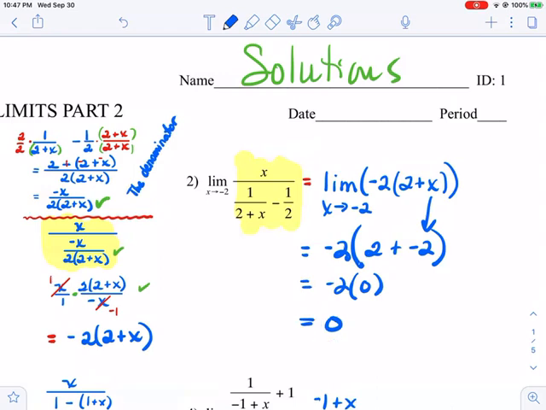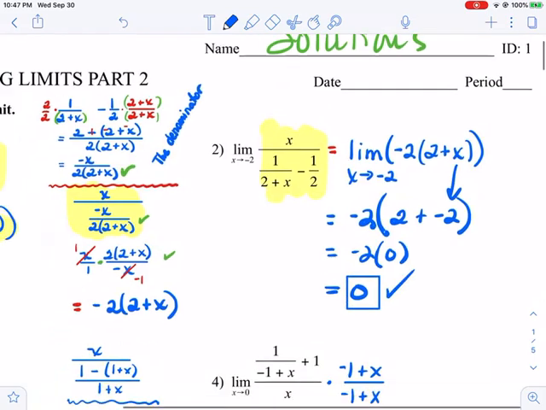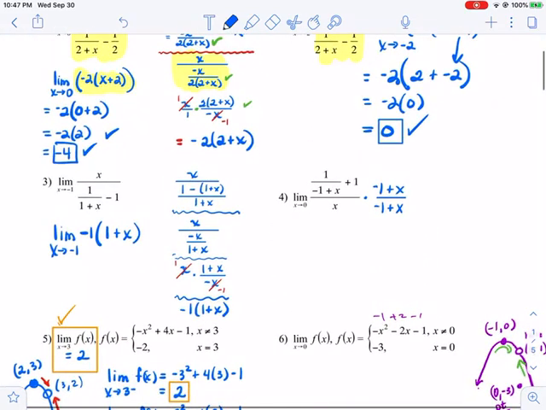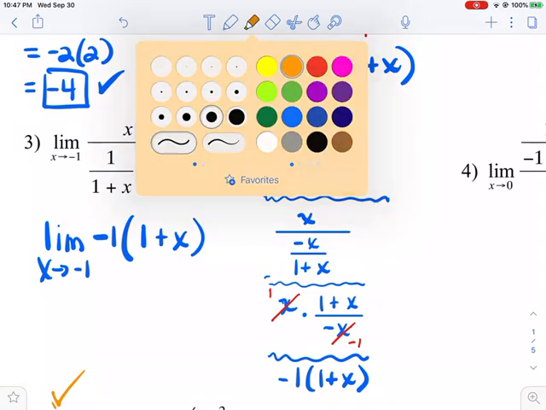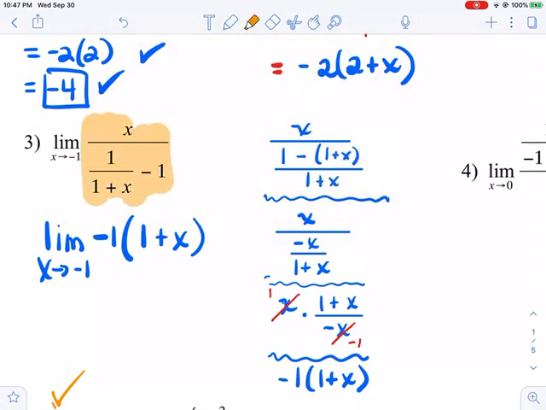And I think that's what I noted on the last one. Okay, so there you go. Then as you look down at the next couple of examples, I have worked out the fraction itself. I combined the denominators with a common denominator of 1 plus x.